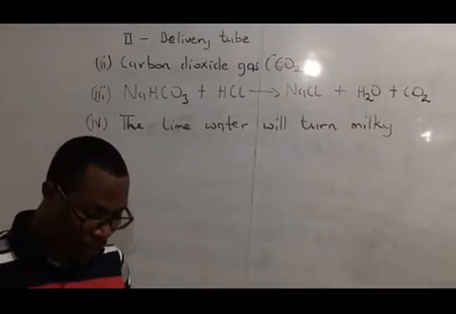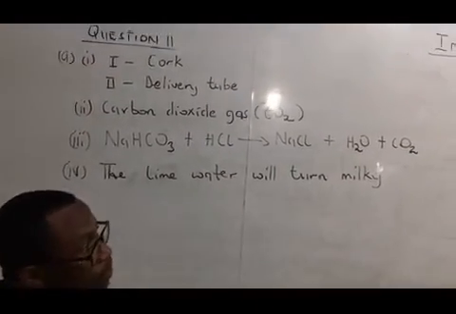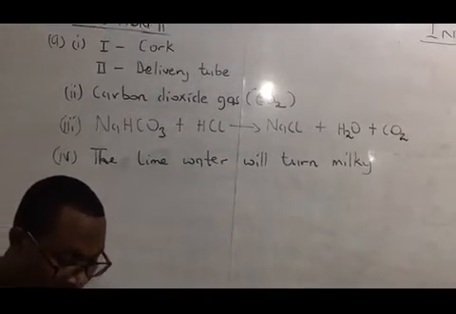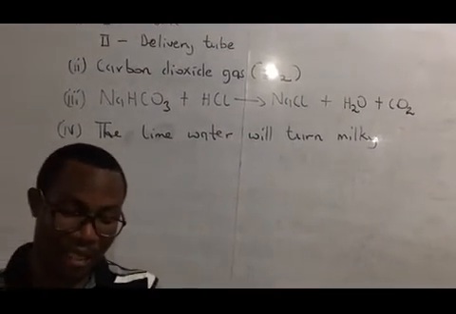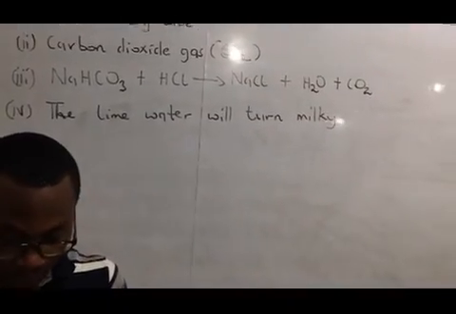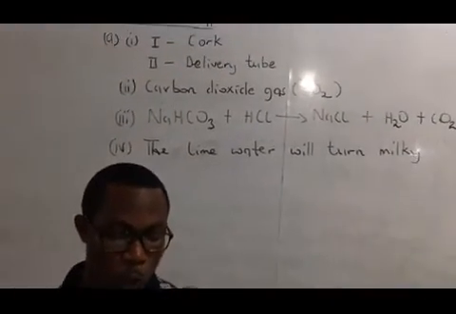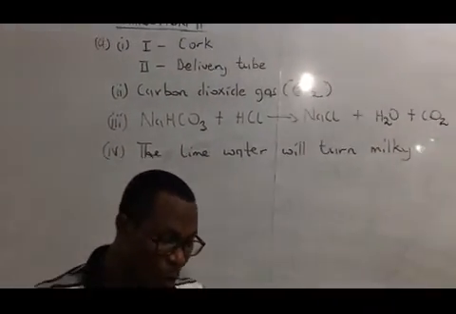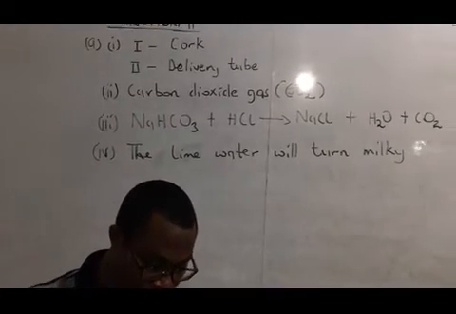We're going to look at the B part. The B part says a gas evolved when a mixture of calcium oxide and some crystals of ammonium chloride were heated in a test tube.